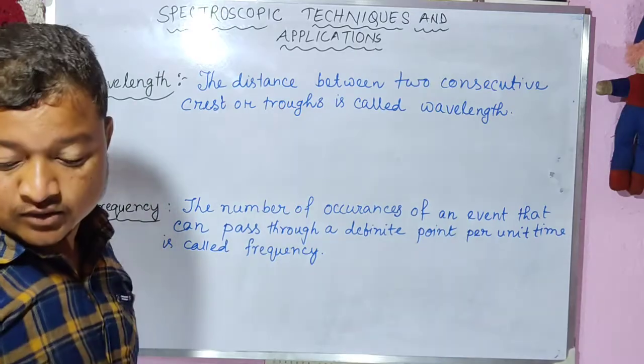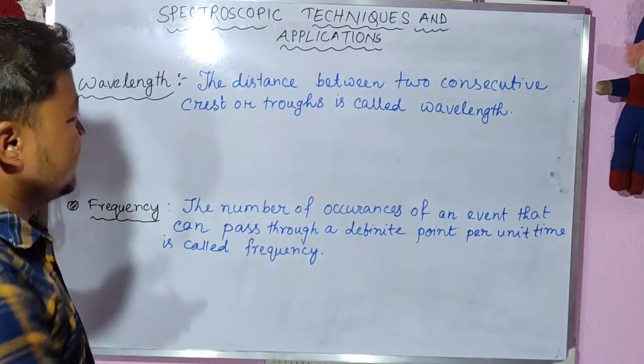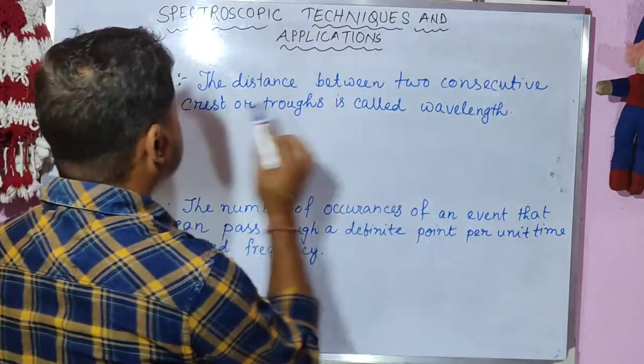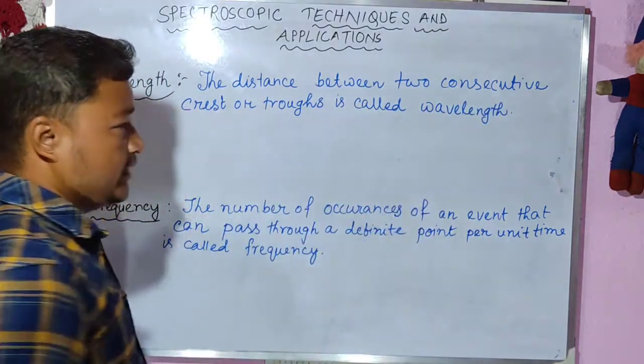Wavelength. So what is wavelength? Here is the definition: the distance between two consecutive crests or troughs is called wavelength.